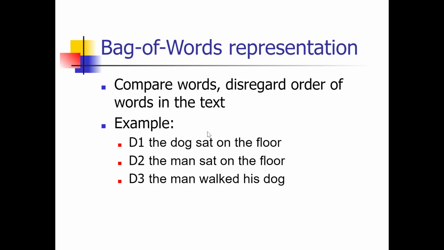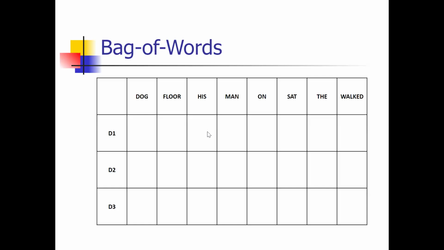We can indicate whether that particular word is there in the document or not. So for example, in the second representation we say dog, floor, his, man, on, sat, the, walked. In the document D1, we can represent in two ways. One, you can say whether the word appeared there or not. The second one is we can put the frequency. So these are two representations.